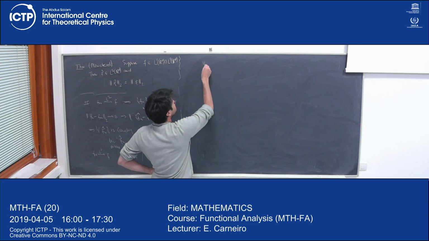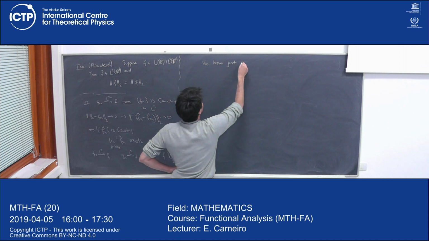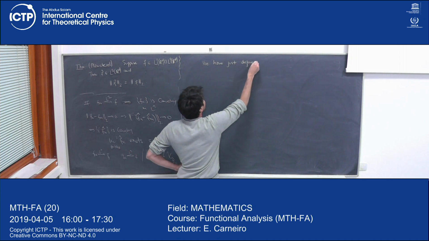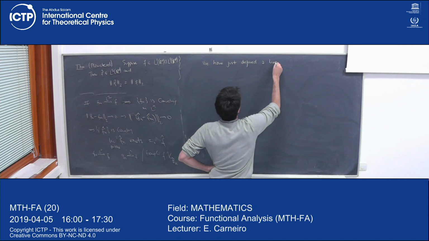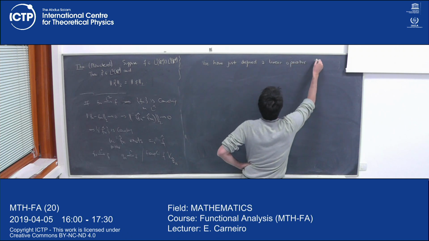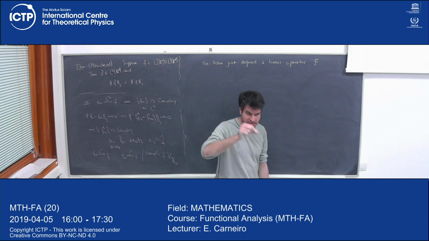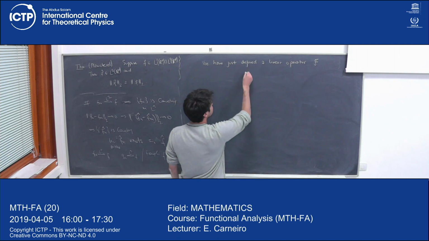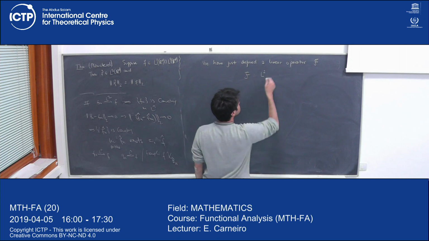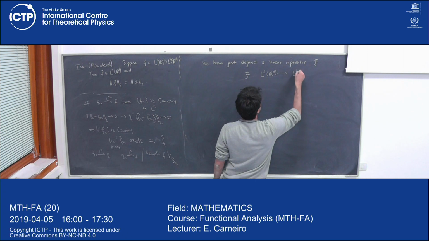So we have just defined a linear operator. Let's call it F for Fourier transform. Sometimes I denote it with F, sometimes with the hat. But we have defined this operator F that maps L2 of R^d into itself.